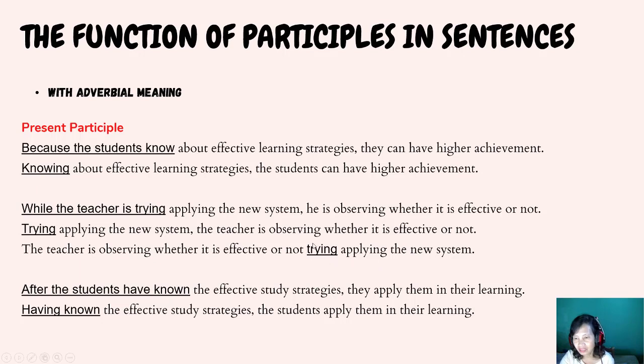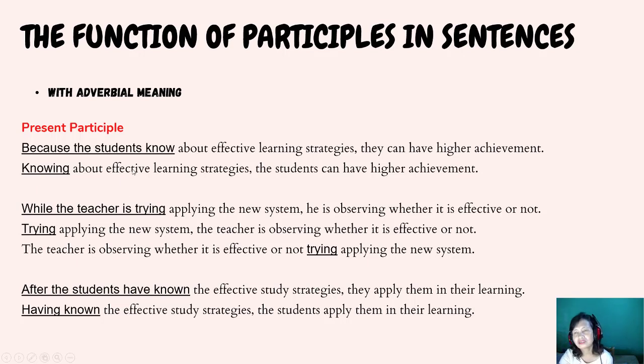Because actually this is the adverbial clause that has been reduced. Okay, so how can we know that this is "knowing," "trying" here, or this is "because," or this is "while," or "after"? Here is the adverbial clause of time and here the adverbial clause of reason.